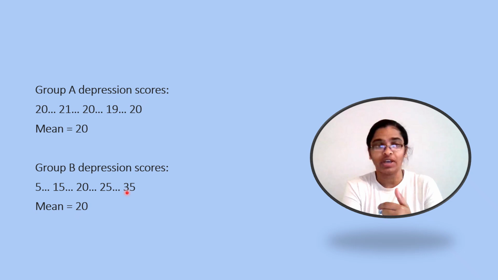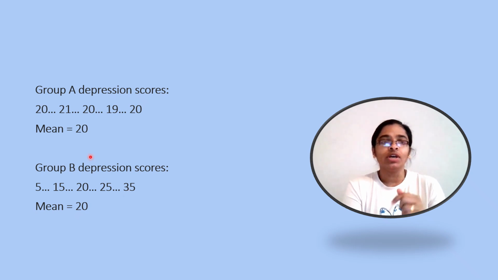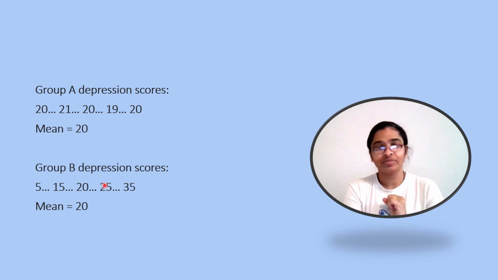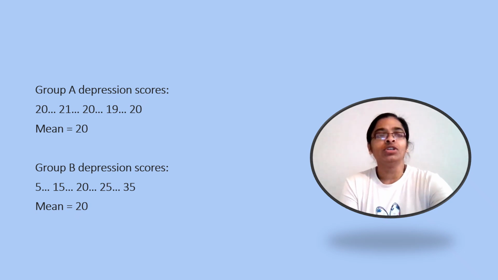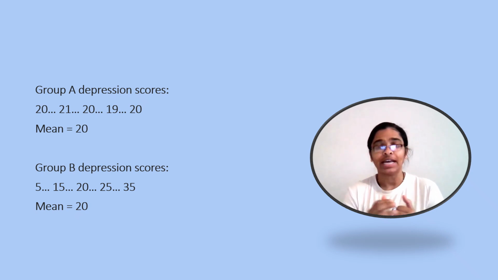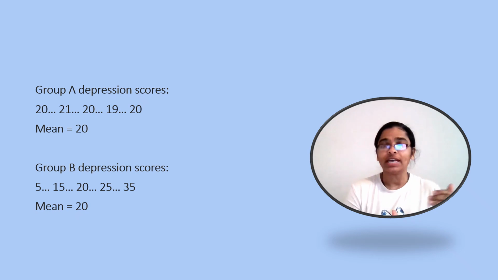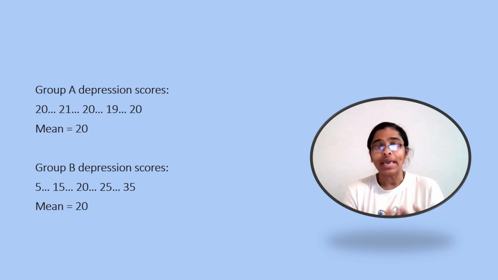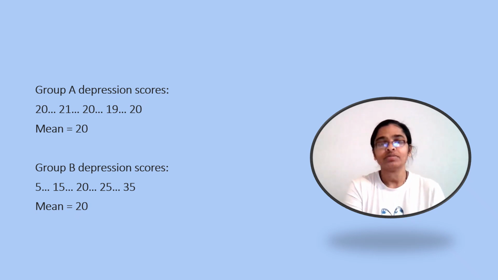So that means Group A has a small standard deviation and Group B has a large standard deviation. So what do you need to know for paper B? Small standard deviation means consistent data, and large standard deviation means variable data.